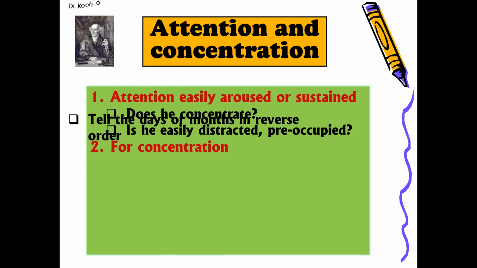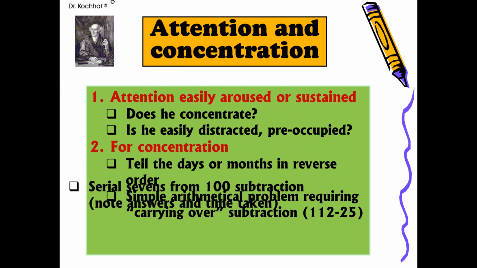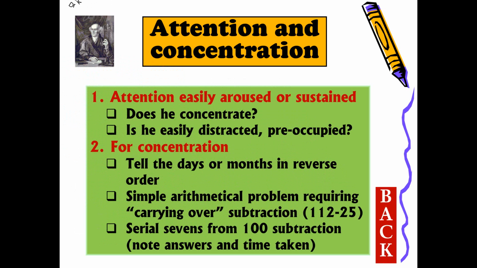Then for concentration, ask him to tell the days or months in reverse order, December, November, October, like that. Or the days of the week, from Sunday, then Saturday, then earlier Friday.